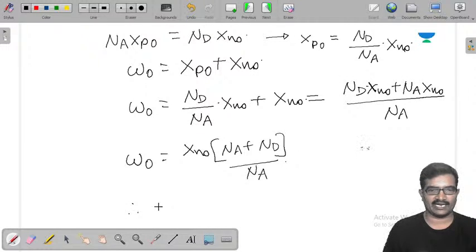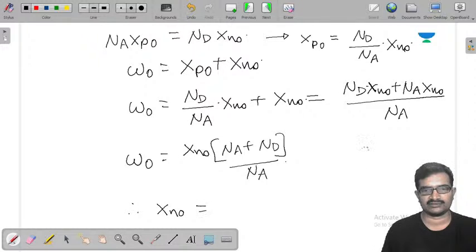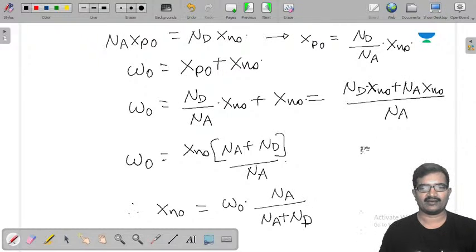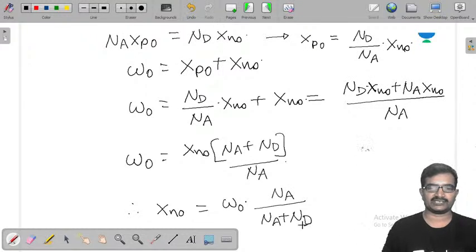Therefore we can write the extension of the depletion region on the n side, xn naught, equals the total depletion region width W naught into Na by Na plus Nd. This is the extension of the depletion region on the n side.